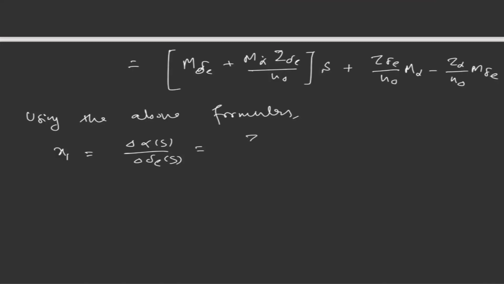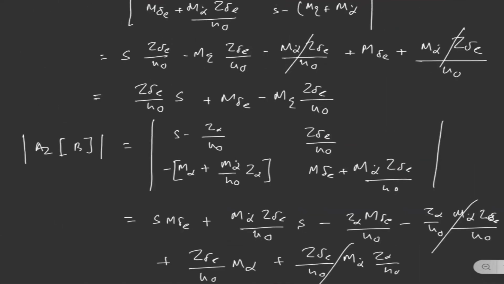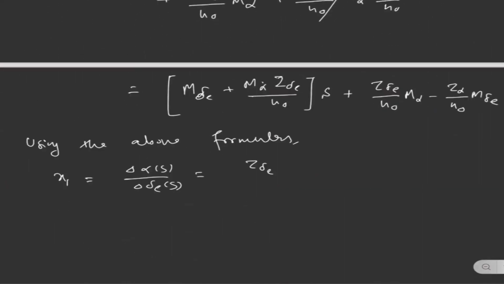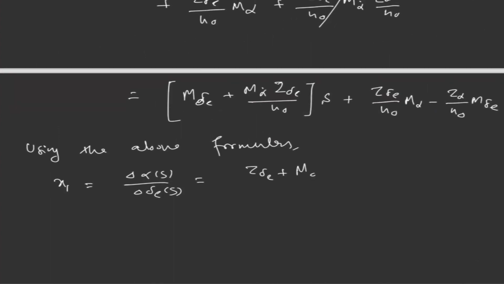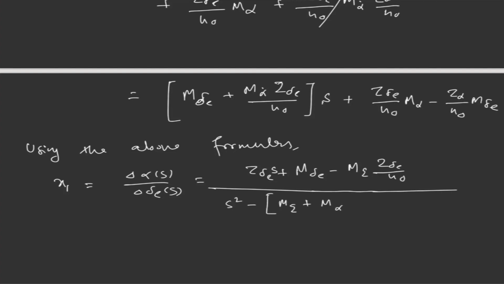So for X1 we can write: G delta I S plus M delta I minus M Q delta I divided by U naught, divided by the determinant part: S square minus M Q plus M alpha dot plus G alpha divided by U naught into S, plus G alpha M Q divided by U naught minus M alpha.